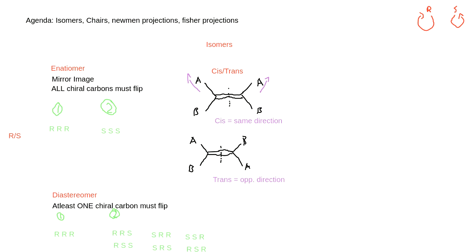I'm sure you guys are good with that, but something that might be new or different are wedges and dashes. In order to show cis through wedges and dashes, you have to have two wedges, or both dashes.